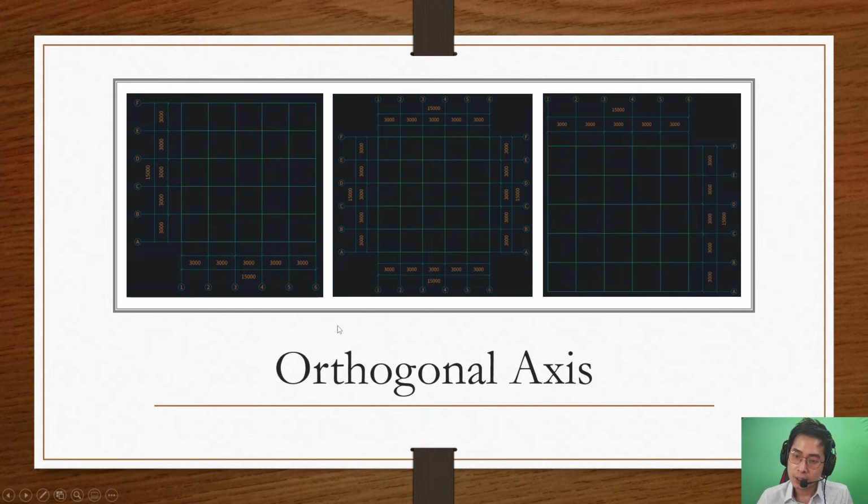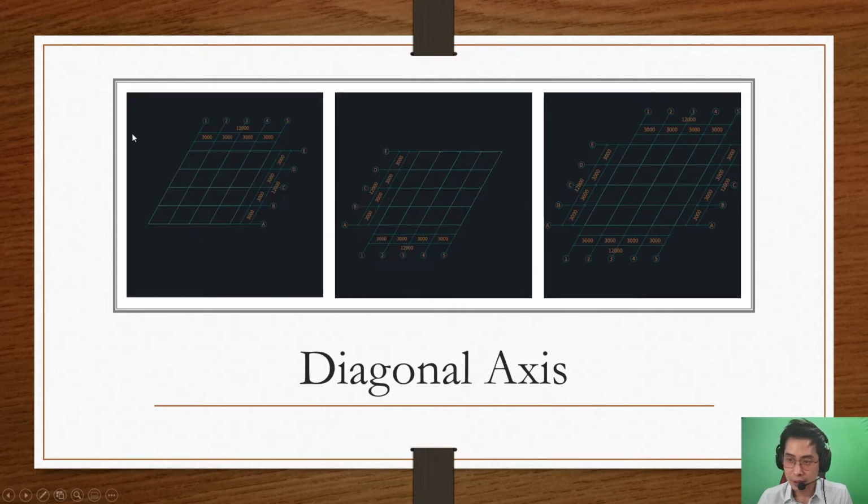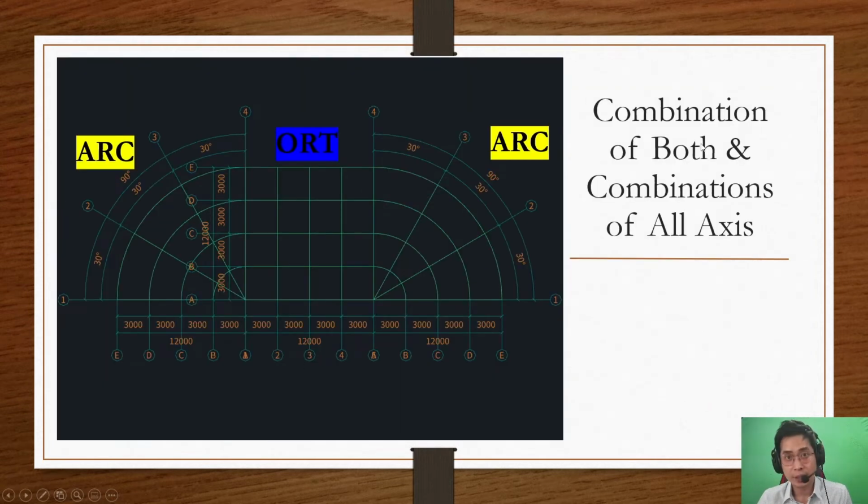From here, orthogonal, you can do something like this, and something like that, and something like this. And the arc, you can also do something like this, diagonal, and a combination of both and a combination of all. So ARC means arc axis, ORT means orthogonal axis.